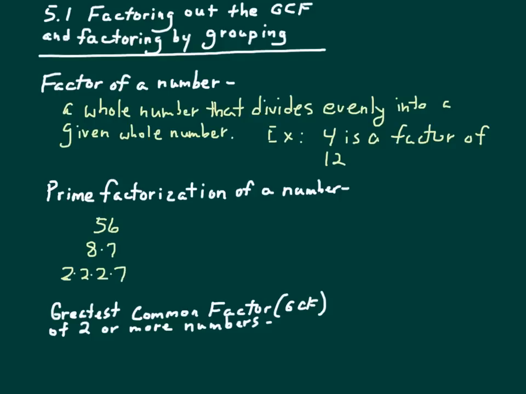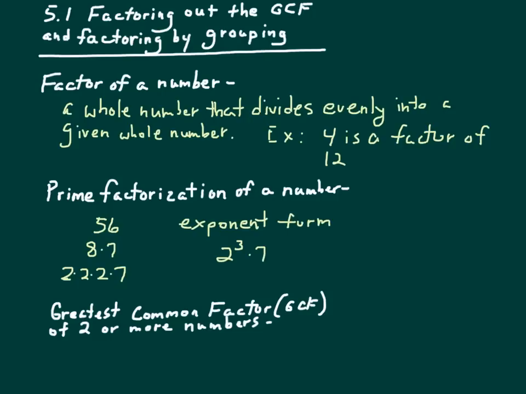And when we work with prime factorizations, we use the exponent form of prime factorization. So anytime you have a prime factor that is used more than once, you just express it as a power. So we would call this 2 cubed times 7.